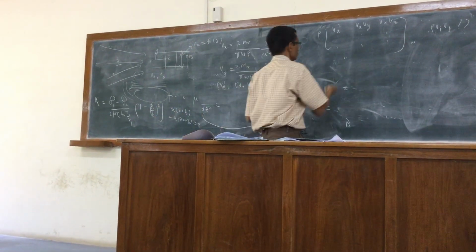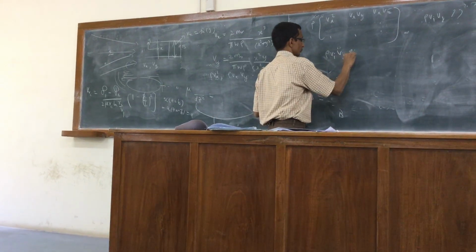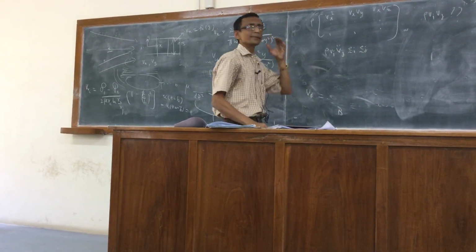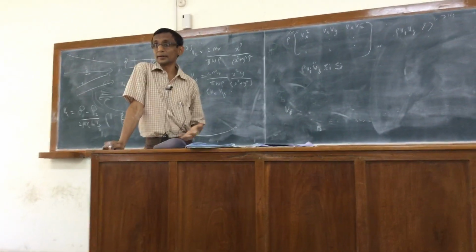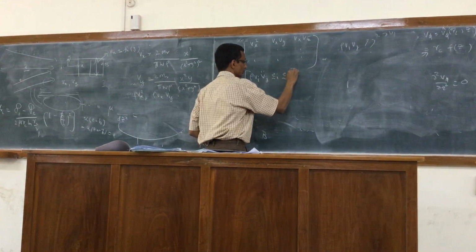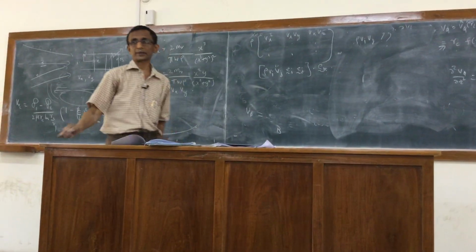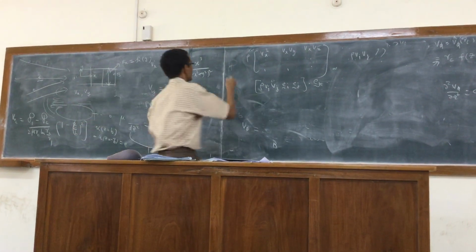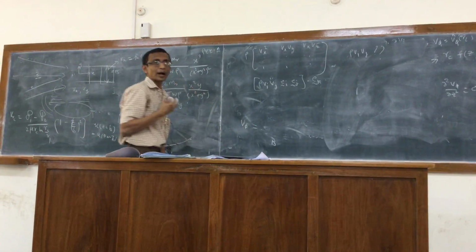Suppose I write the tensor in this manner, and take the dot product with some arbitrary unit vector e_k. It can be any vector. What we normally do is calculate ρ v v dot n, where n can be arbitrary.